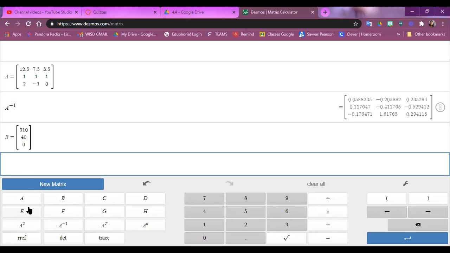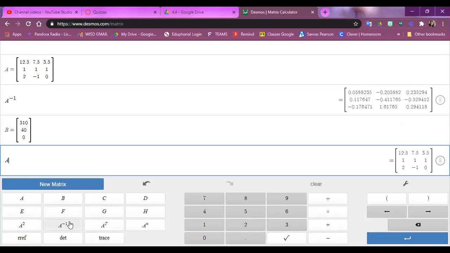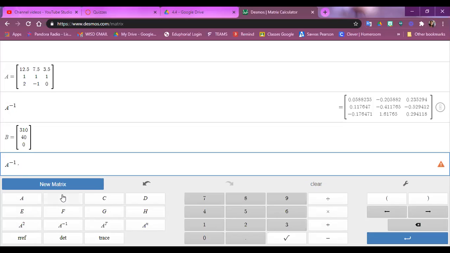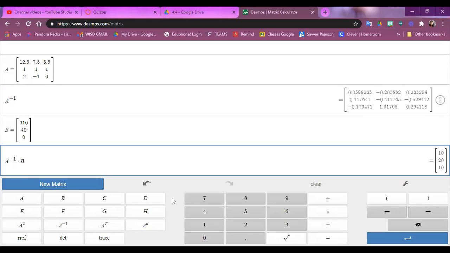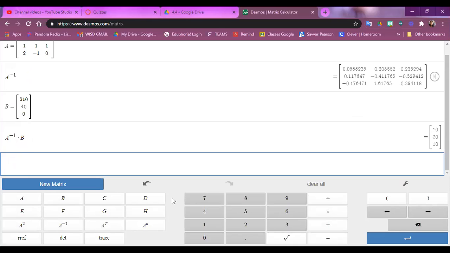And what you type in next is important. So order matters. So we have A inverse times B. Hit enter, and there's our solution.